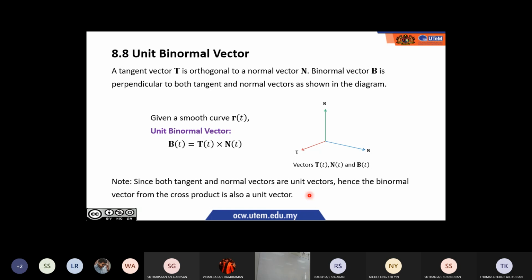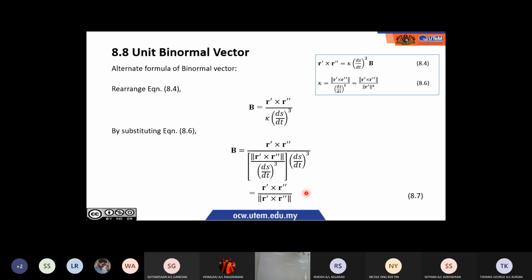But if your R(t) contains a polynomial, exponential function, or anything other than sine and cos, then I would suggest you to use this, because you just need to find R prime and R double prime.